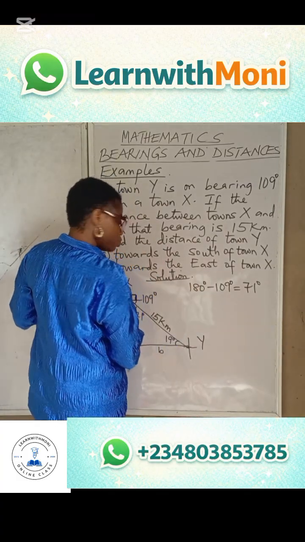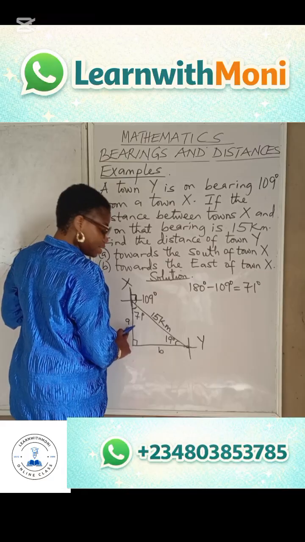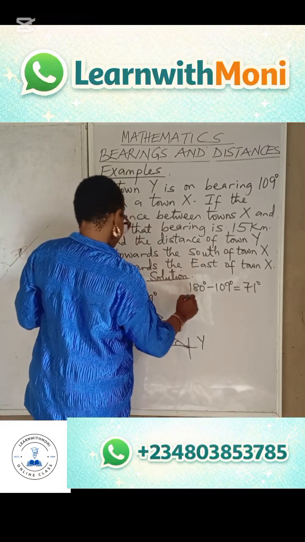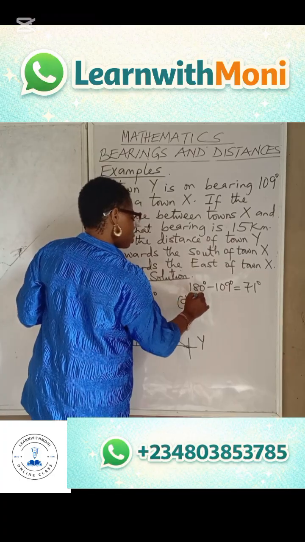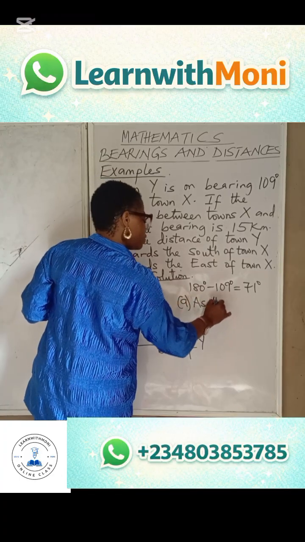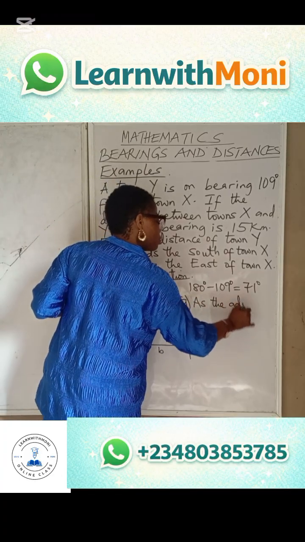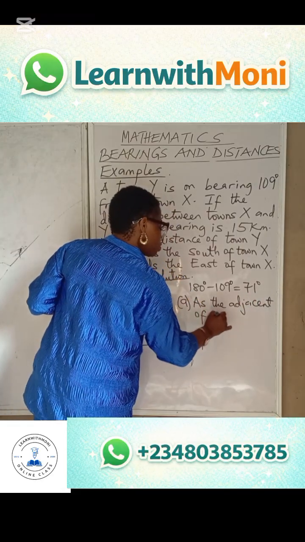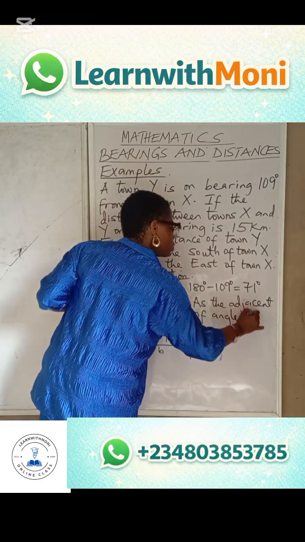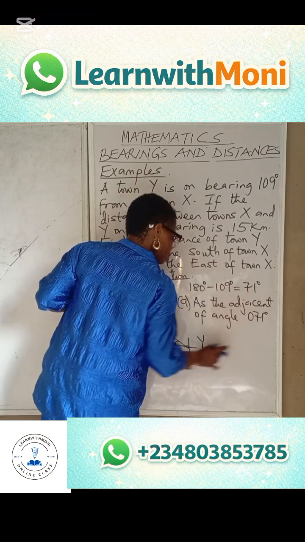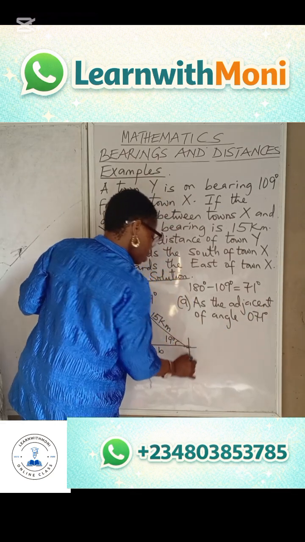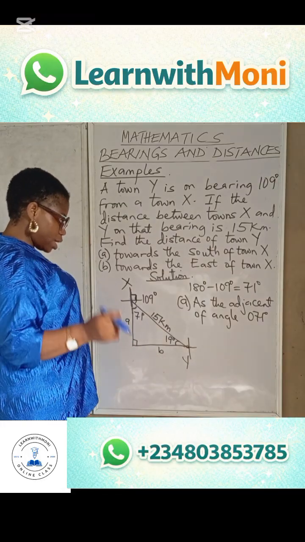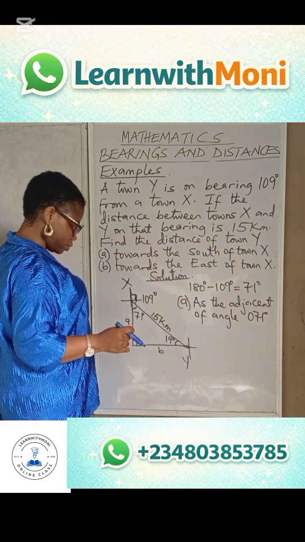So I want to look for A as the adjacent of angle 71. I only moved the Y here. I didn't change anything. So let us look for it.